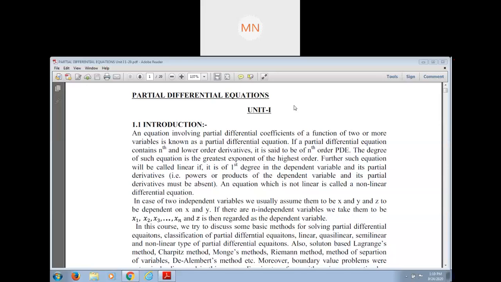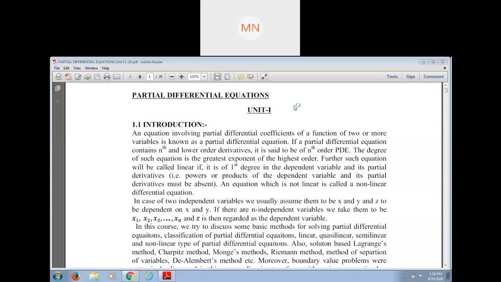Okay, this is an ordinary differential equation. Actually, there are two types of differential equation. First one is ordinary differential equation, and the other one is partial differential equation. In ordinary differential equation, it is also a differential equation which consists of two or more variables with their differential coefficient. Suppose dy/dx: here x is the independent variable and y is the dependent variable.